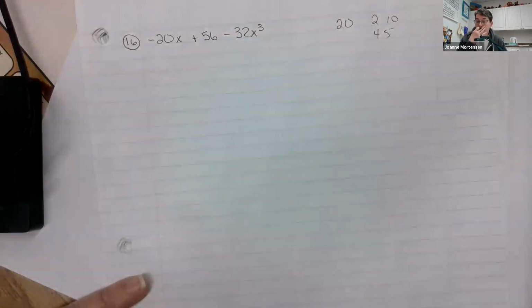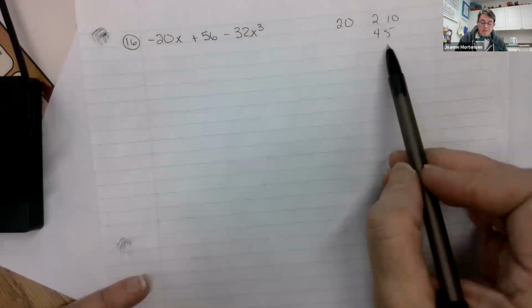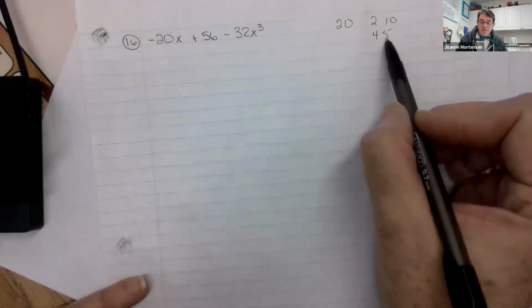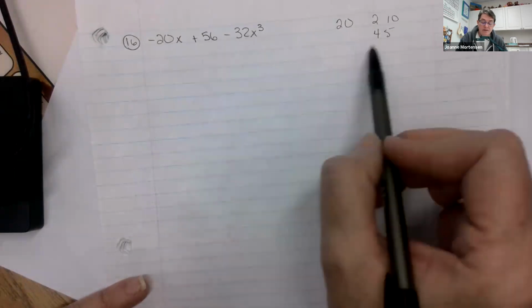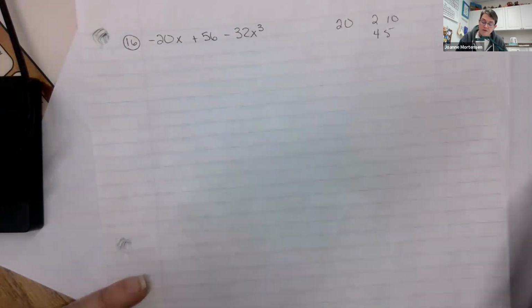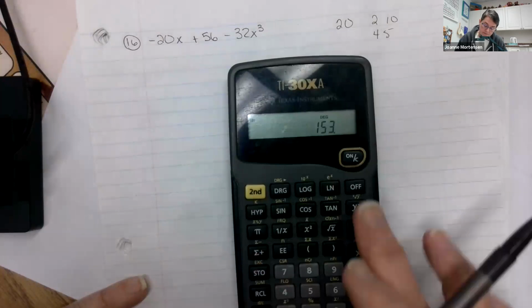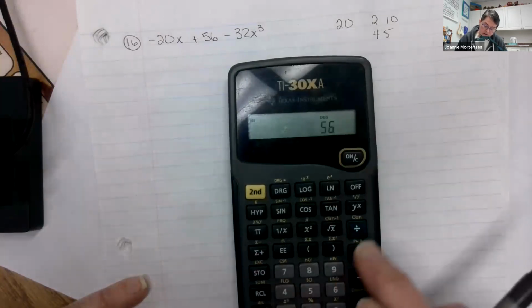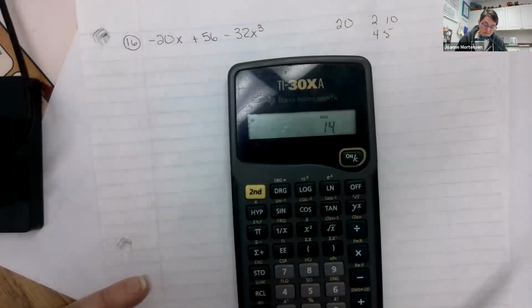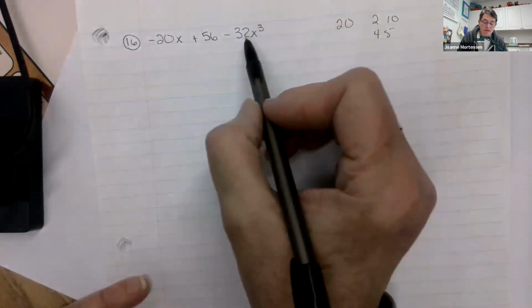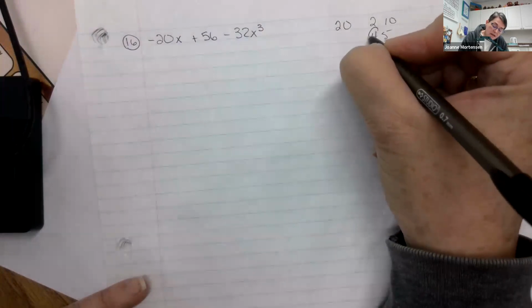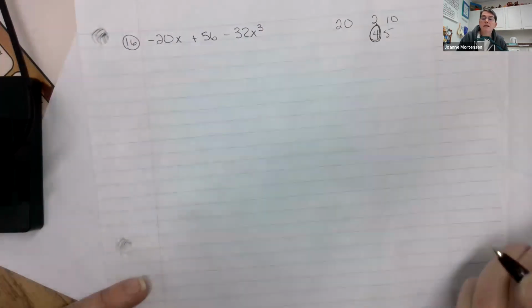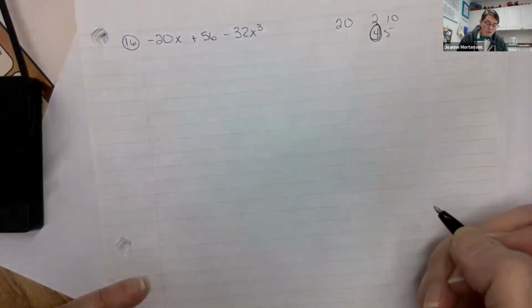I'm just writing out factors. 5 isn't going to work because these two don't divide by 5, but 4 should go into 56. 56 divided by 4 is 14. And I know it goes into here because that's 4 times 8. I'm willing to take a chance and say it's 4.